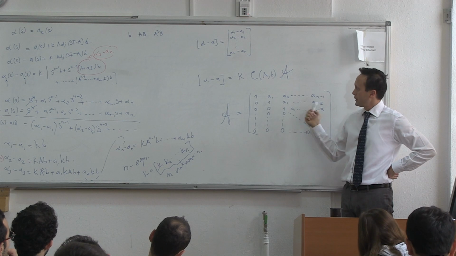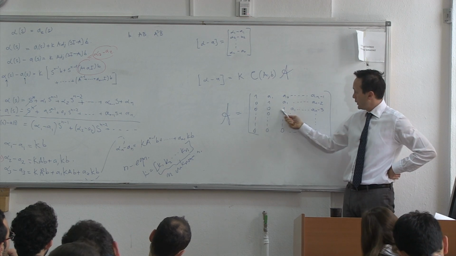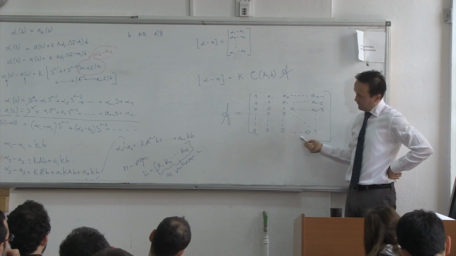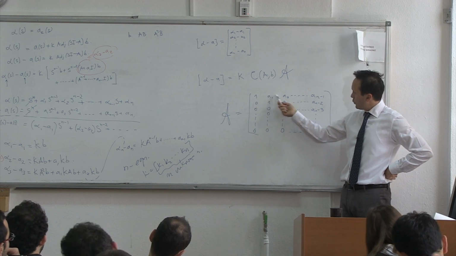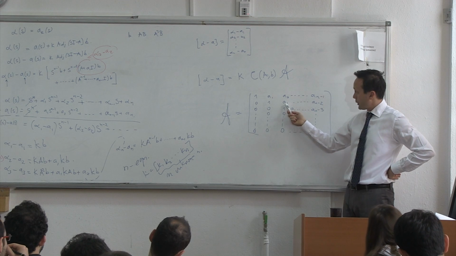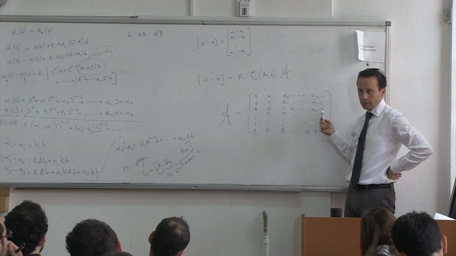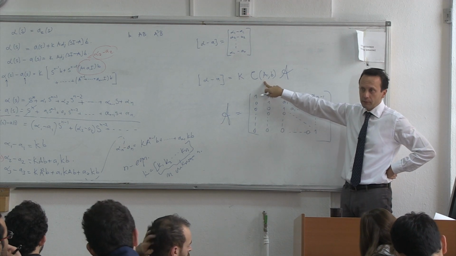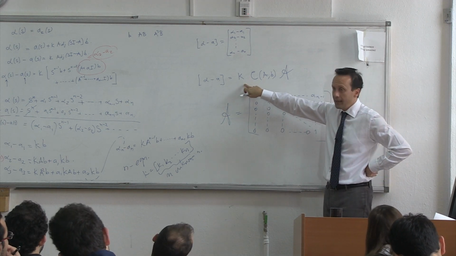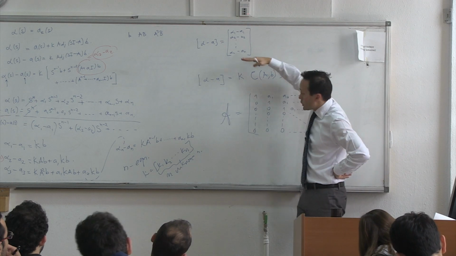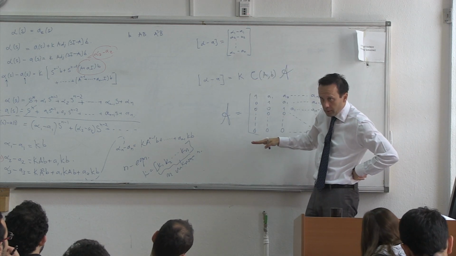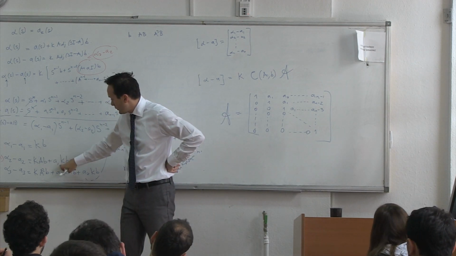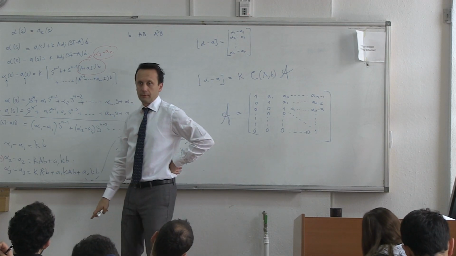Script A, I'm writing it this way. There's a 1, 1 all in the diagonal. Zeros in the lower triangle. And in the upper triangle, you have a1, a2, and so on, up to an minus 1. Okay? You multiply script A with the controllability matrix and multiply it with K. At each row, you will get these ones, KB, this one, and so on and so forth.